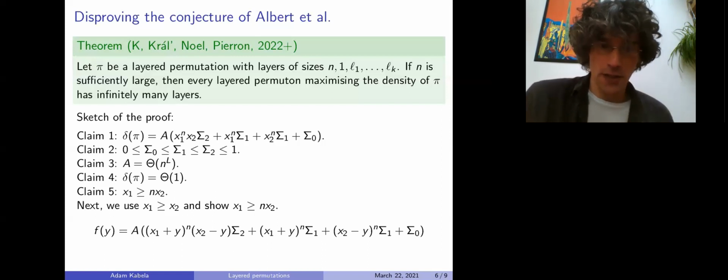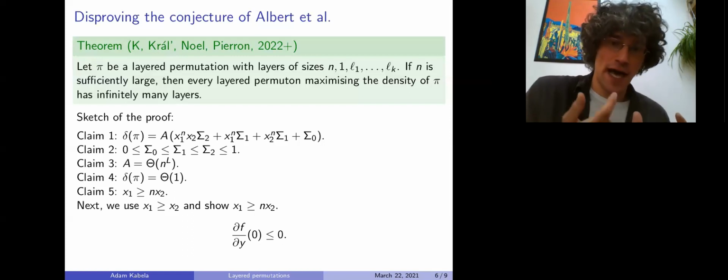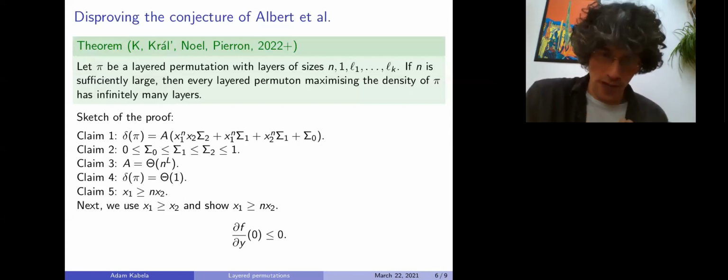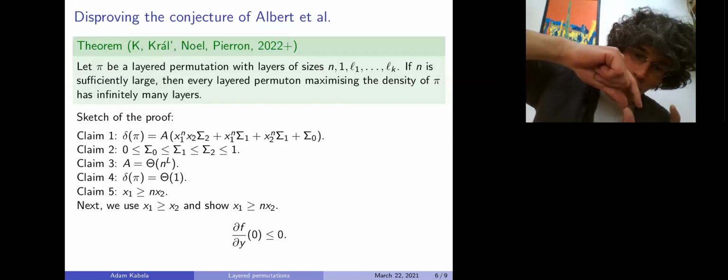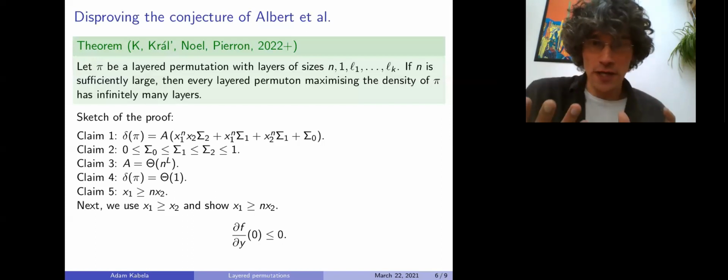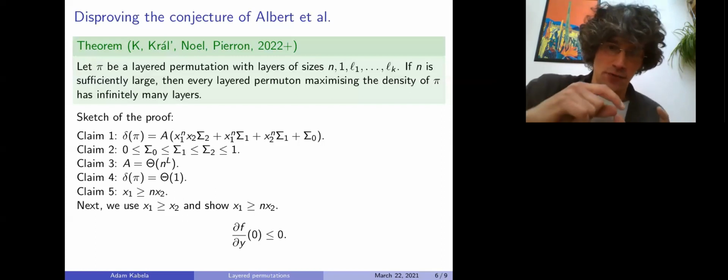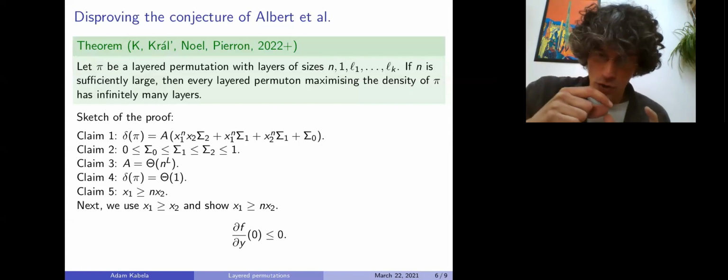So in particular, the partial derivative of f evaluated at 0 should not be positive. Because if it was, we could just do a small tiny change, cut a tiny bit from the first layer, add it to the second layer, so the density would increase, and this would contradict the assumption that our permutation is a maximizer. Right? So the partial derivative evaluated at 0 should not be positive.